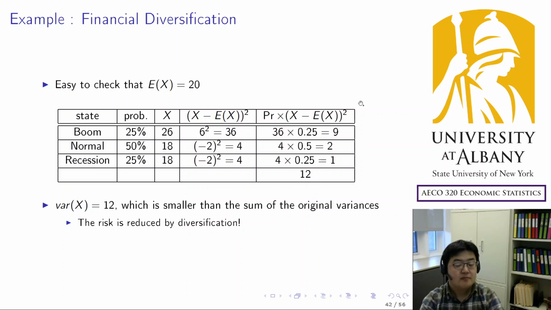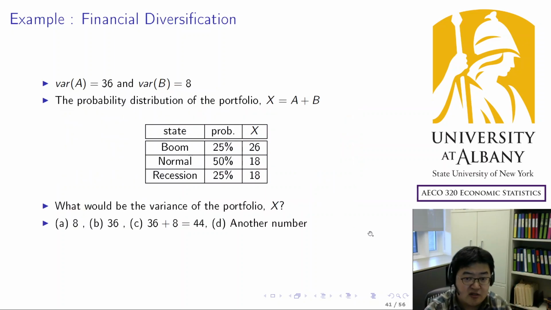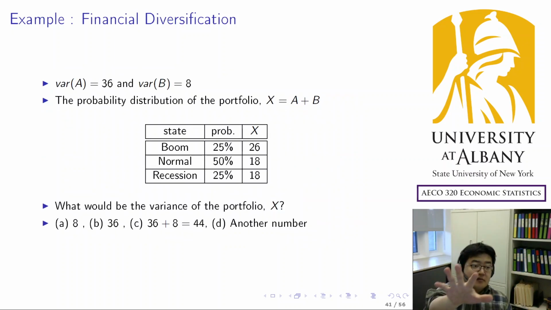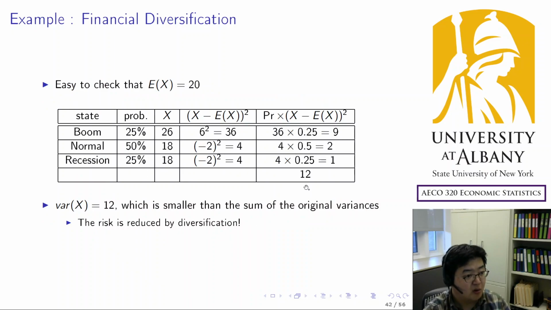So this is surprising. Look at this. If you invest $100 on asset A, then the risk is 36. The risk from A is 36, but suppose that you additionally invest in B. In some sense, you are taking more risk, but in the end, the risk is smaller, even if you invest more.